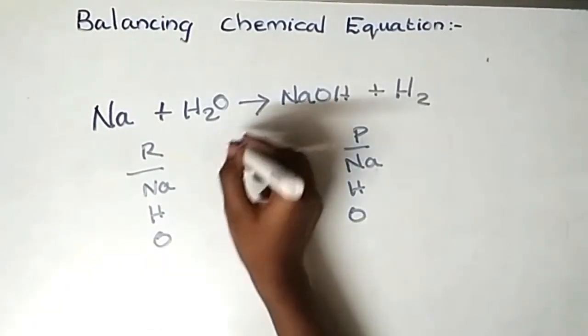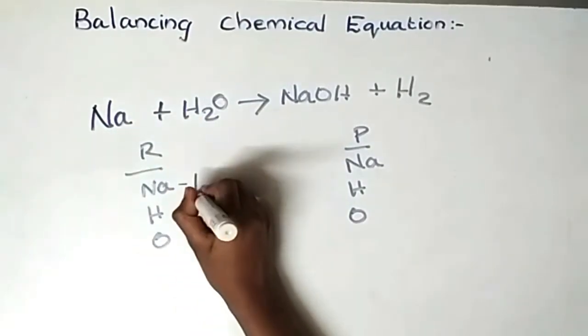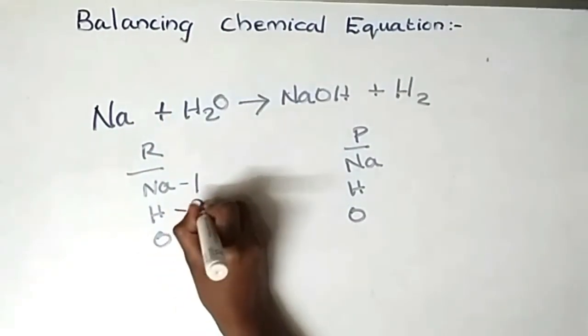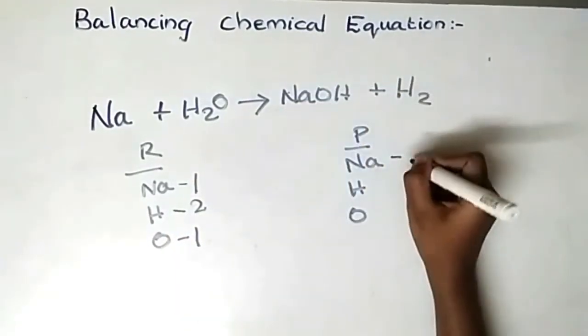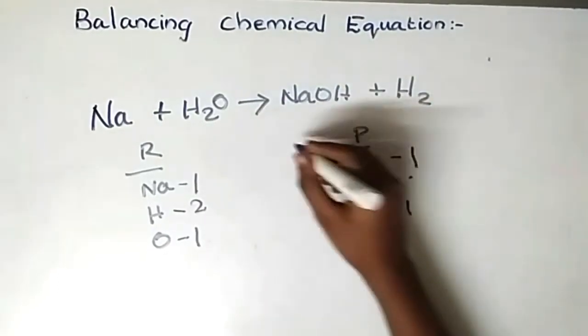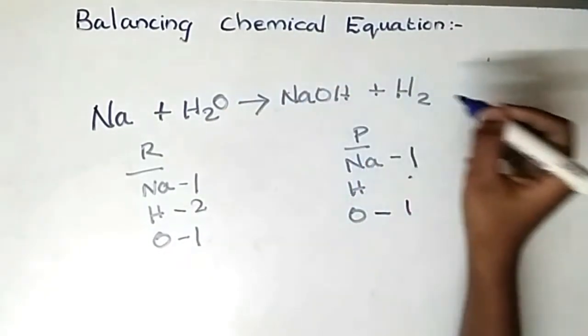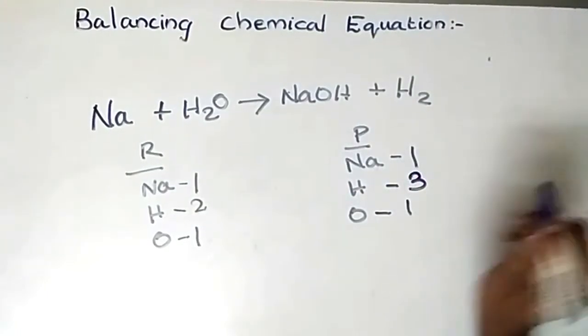Now we will count the number of atoms in the reactant side. We have 1 sodium atom, 2 hydrogen atoms and 1 oxygen atom. In the product side we have again 1 sodium atom and 1 oxygen atom, and the hydrogen is split, so we have here 3 hydrogen atoms.